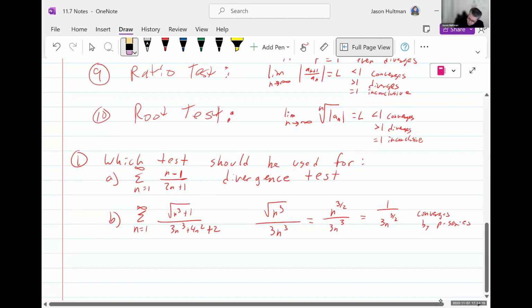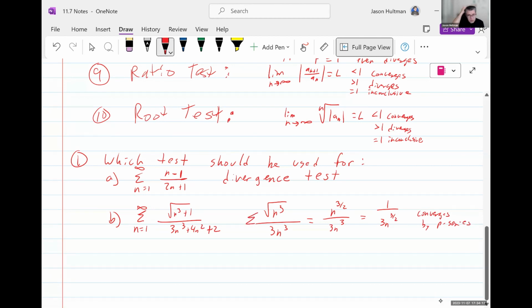I wouldn't want to use the basic comparison test on this because I don't really know that it's going to be less than for all of the terms. For the original one to converge, every single term would have to be less than the one I'm comparing to, if it's a convergent series.